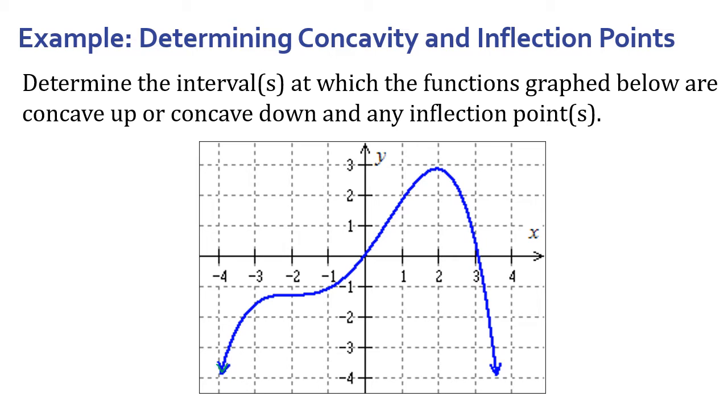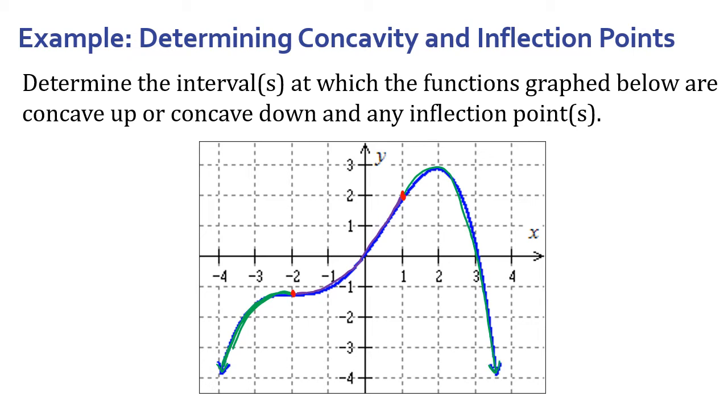So it looks like from here to here, we're concave down. And then I switch right here, so that means there's going to be an inflection point here. And it looks like here we're concave up, again it's bending up, until about right here. And at that point is where it starts bending down again.